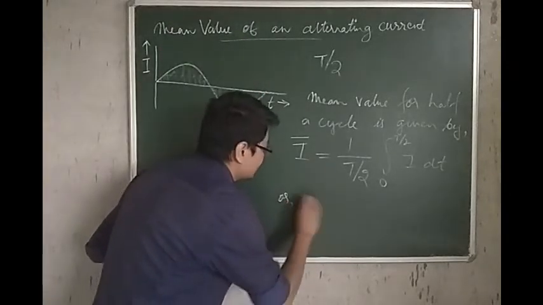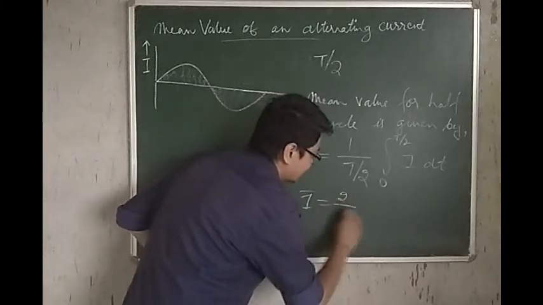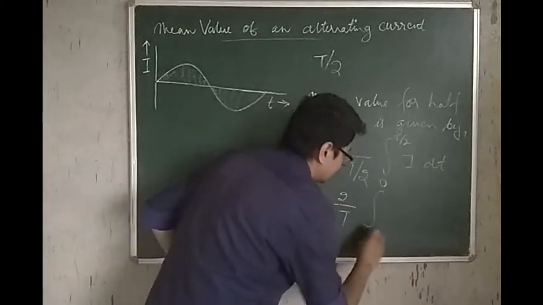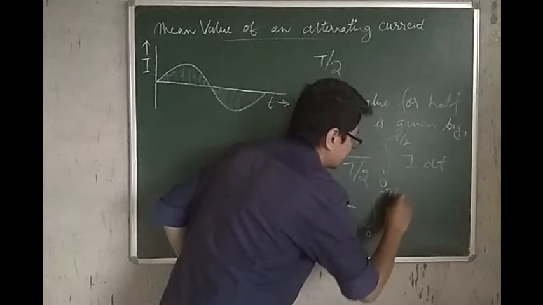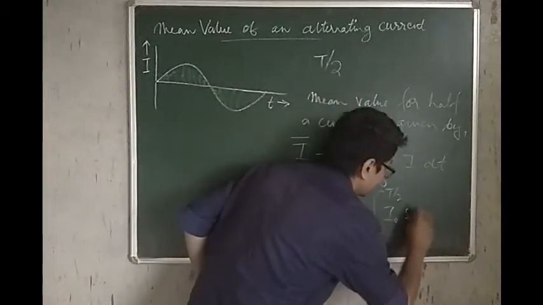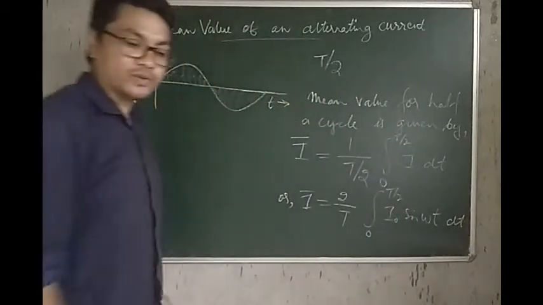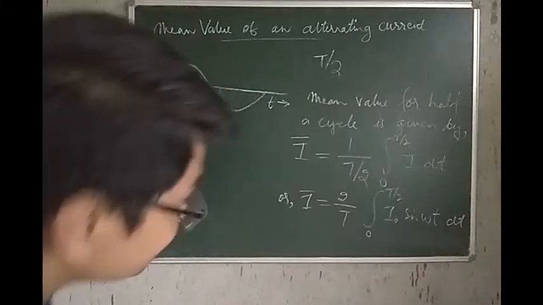So I bar is equal to 2 by T, integral from 0 to T by 2, of I dt. Instead of I, we write I naught sine omega t.